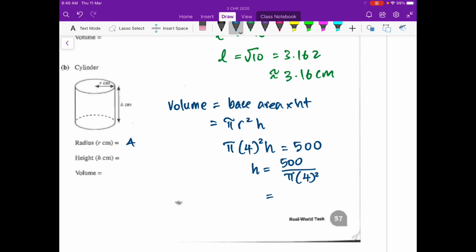And we get 9.9472, so 9.95 cm. Okay, then with this, our volume becomes 9.95 times 16 pi.